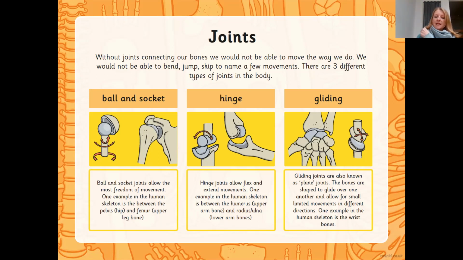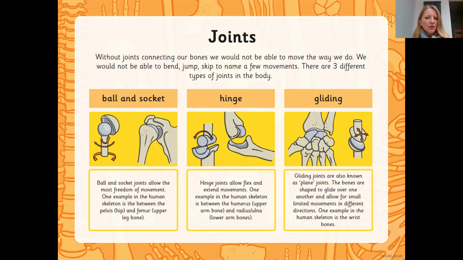So you have this in your shoulder and also in your hip, where the top of your leg joins your pelvis. Those types of joints allow movement in all directions. Maybe just have a go at finding where those joints are and seeing how well you can move your shoulders and how well you can move your hips.